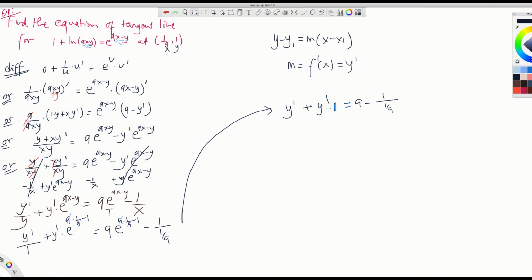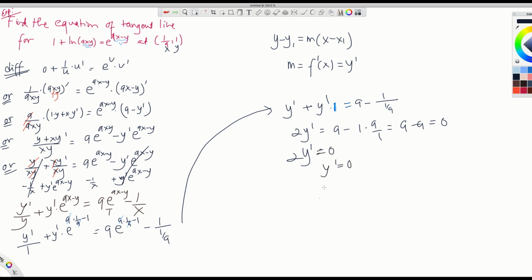Okay, so what is y prime? So y prime plus y prime is 2y prime equals 9 minus, you can write this as 1 times 9 over 1, right? Basically this is 9 minus 9, so it is 0. So y prime is 0. 2y prime equals 0 implies y prime is 0.